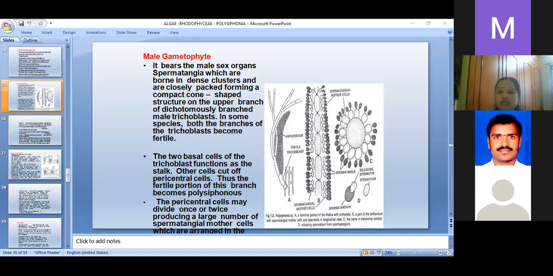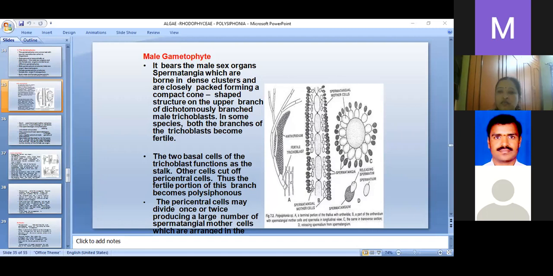Carpospores are formed in the carposporangium, and all carpospores are diploid. These carpospores are released through the ostiole. After release, they get attached to the substratum and develop into a new thallus. This is the development of the cystocarp or carposporophyte.